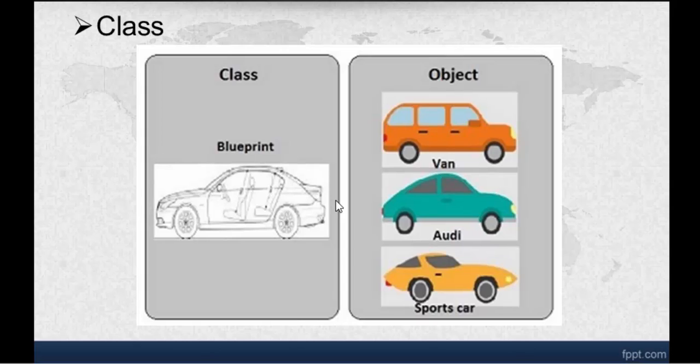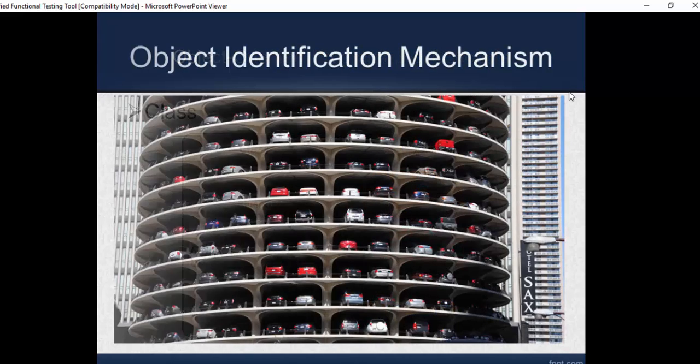Like the car manufacturer, you can create a blueprint for those objects. So a class is defined as a blueprint or a prototype that defines the variables and methods common to all objects of a certain kind.